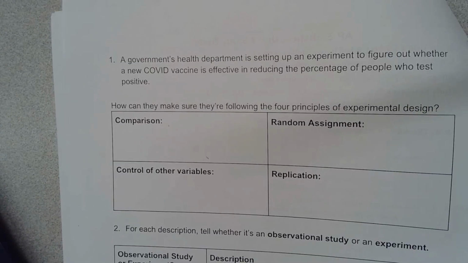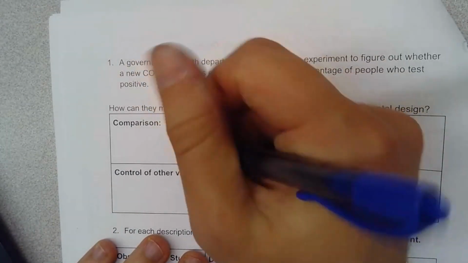All right, a government's health department is setting up an experiment to figure out whether a new COVID vaccine is effective in reducing the percentage of people who test positive. How can they make sure they're following the 4 principles of experimental design? So comparison just means they need multiple groups.